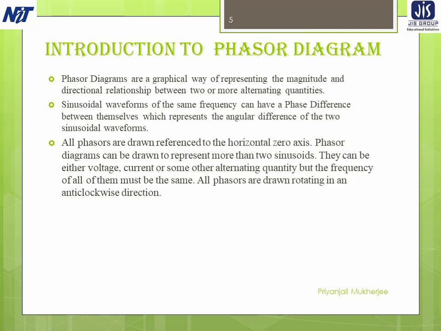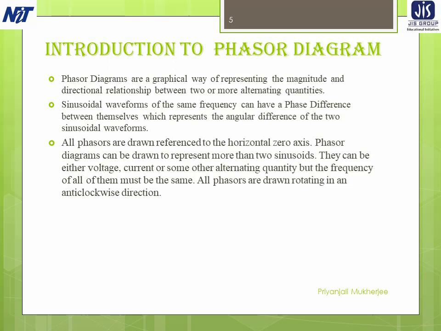For the solution of AC problems, it is advantageous to represent a sinusoidal quantity, that may be voltage or current, by a line of definite length rotating in counterclockwise direction with the same angular velocity as the sinusoidal quantity has. And this rotating line is called the phasor.